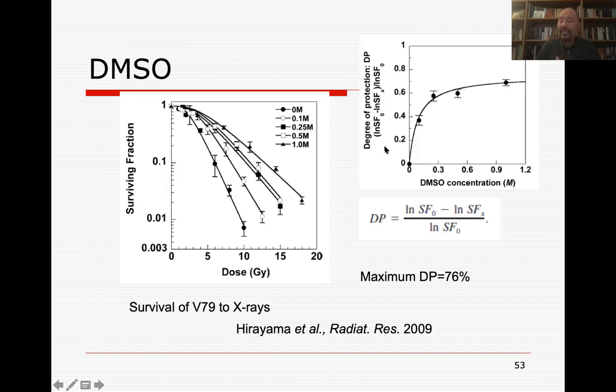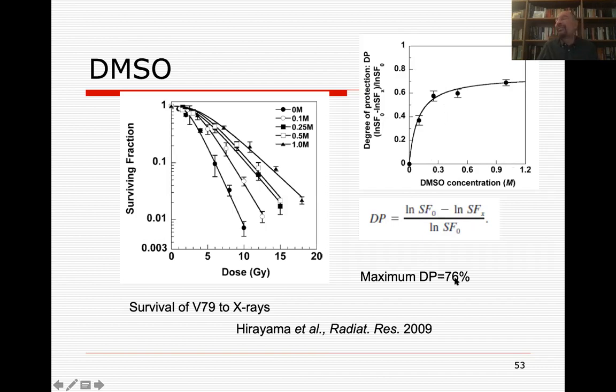Now, if you define the degree of protection with this formula, the logarithm of SF0 minus the logarithm of SFX divided by the logarithm of SF0, and you calculate it here, you have this kind of curve. As a function of the DMSO concentration, this goes up, but does not really go to 1.